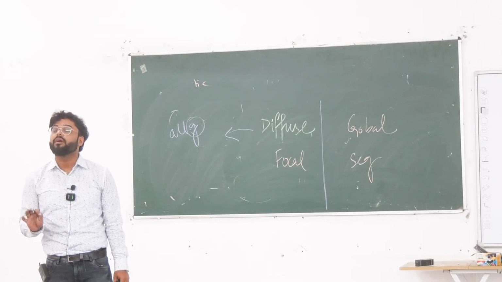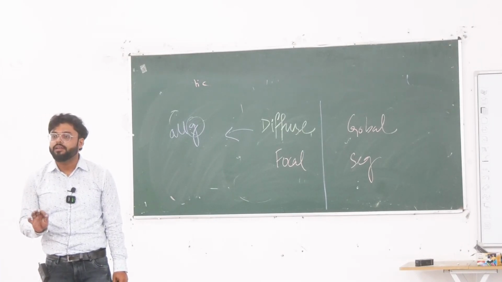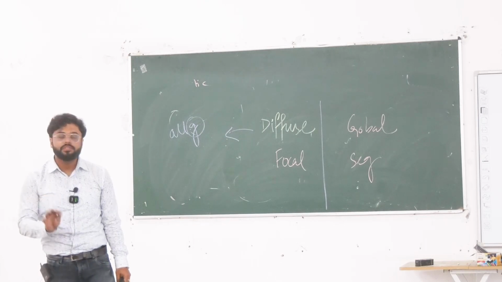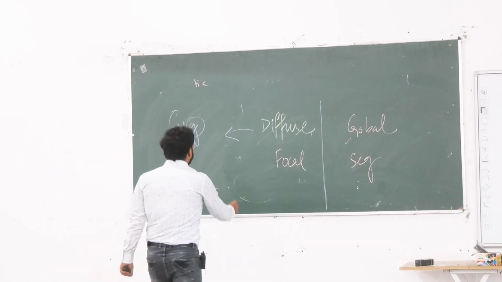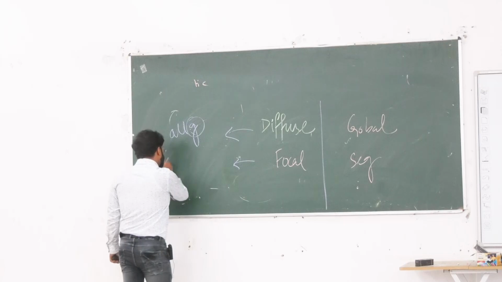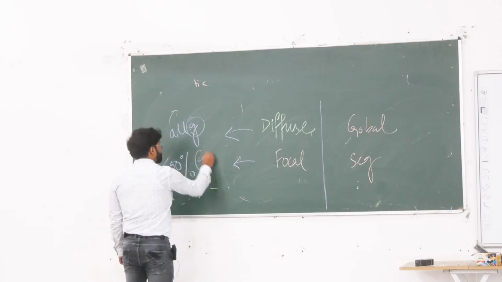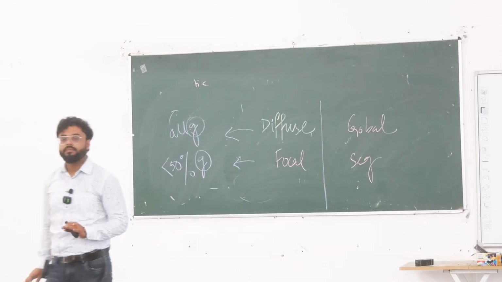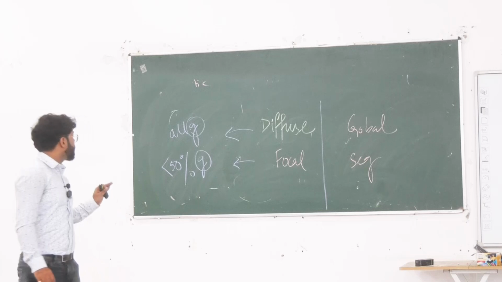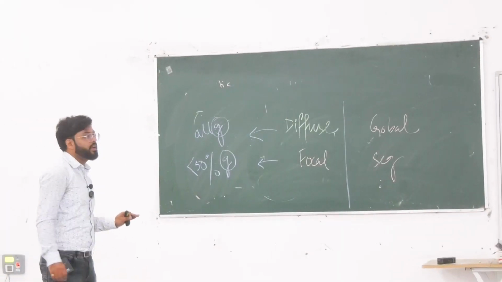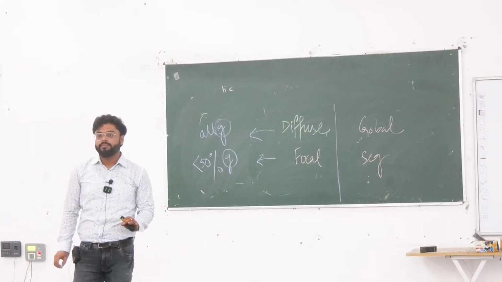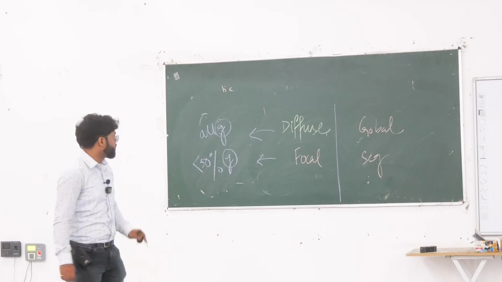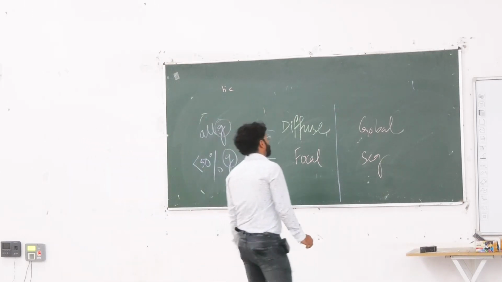All glomeruli involved in a particular section is a diffuse type of involvement. But when less than 50% of glomeruli are involved, it is known as focal involvement. Okay.